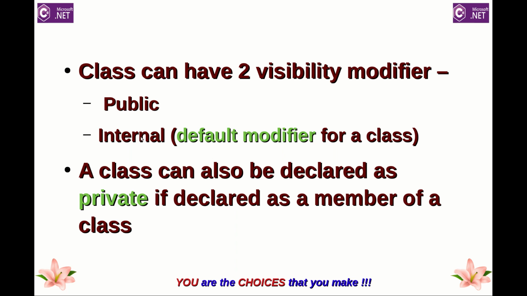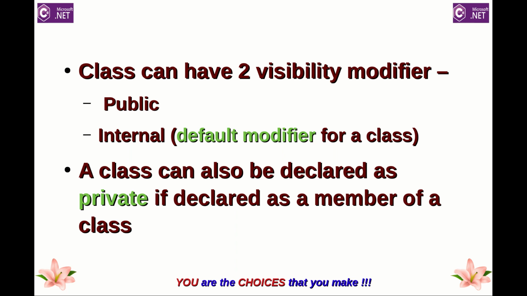Apart from these two, when I take public, and remember, public class objects can be created anywhere. When I say anywhere, it can be inside the program, inside the application, or outside the application also.